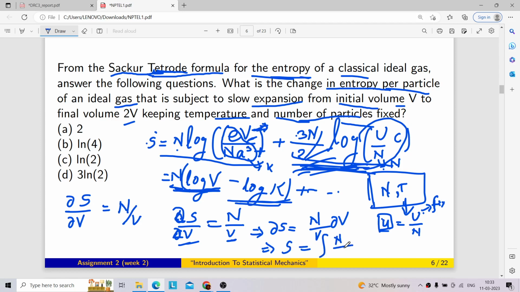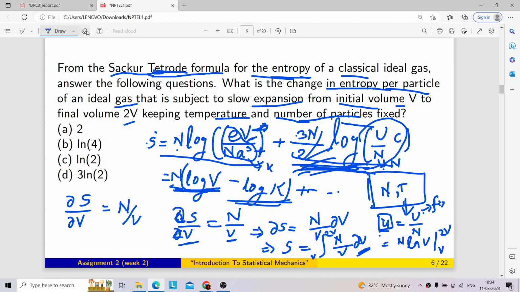So this will be N over V dV, and in the question we are given that the volume is varying from V to 2V. So we can do this integration. We get N, and the integration of 1 over V is logarithm of V, with the limits from V to 2V.